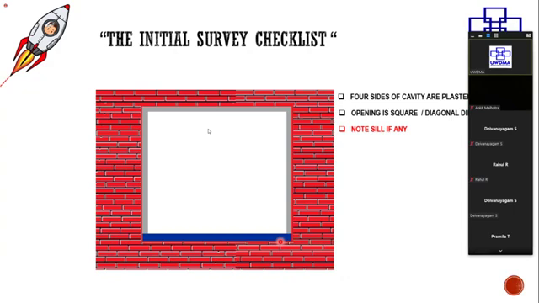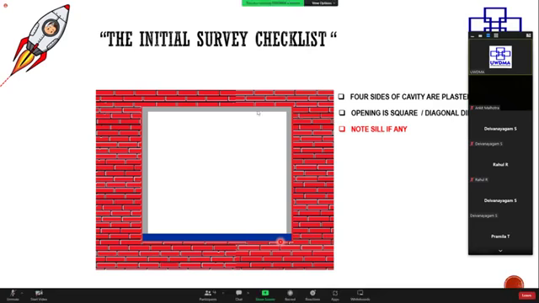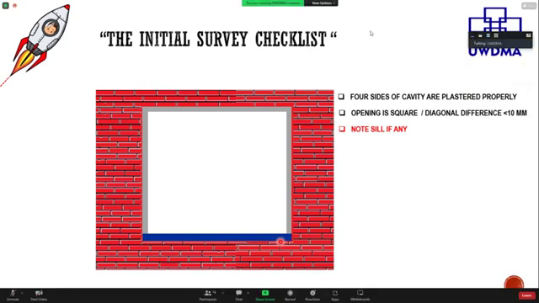So always confirm while taking measurements whether any marble or granite is coming or not. If it is going to come, then please take the measurement once the stonework is done.